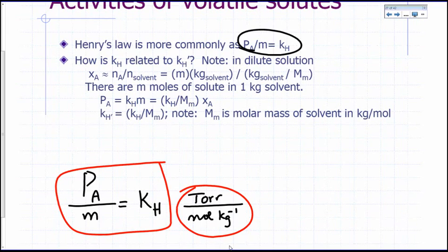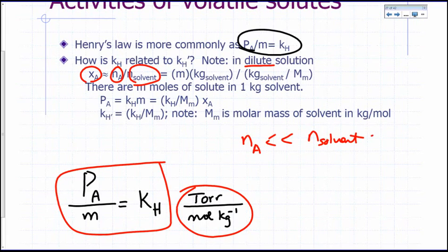Now, the thing to realize is in very dilute solution, the mole fraction of your solute will be approximately equal to its number of moles of solute divided by the number of moles of the solvent. Why is that? Because the number of moles of solute will be very small compared to the number of moles of solvent.